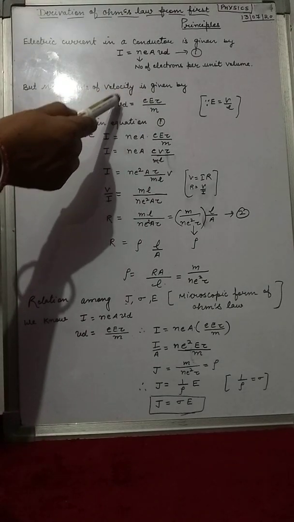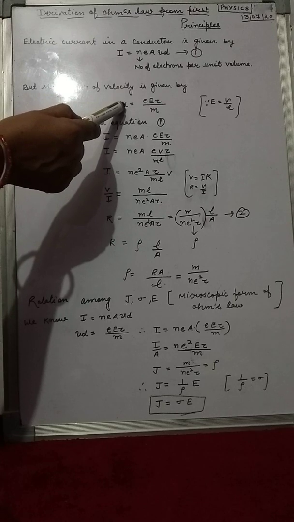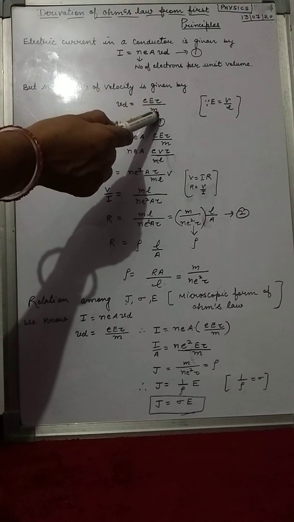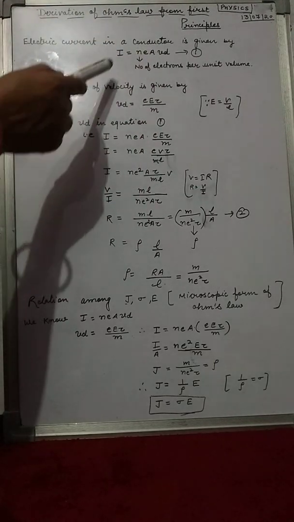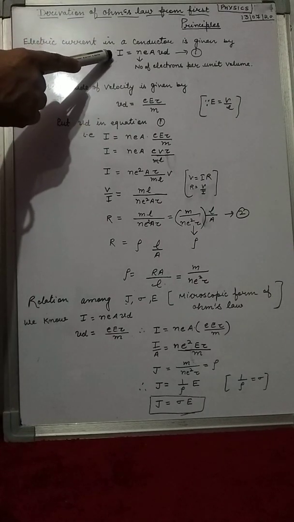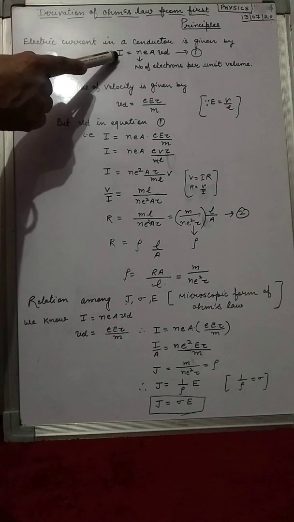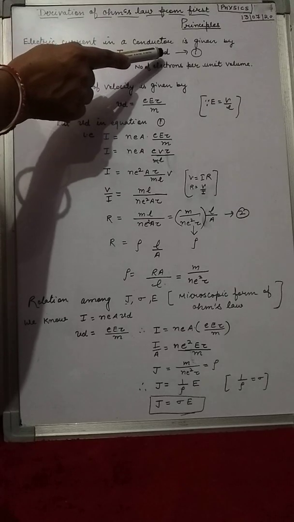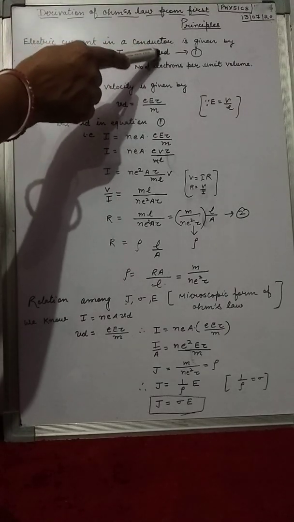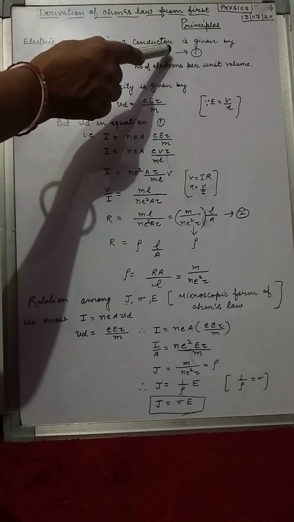Now we will put the value of vd, that is eEτ/m, in equation 1. Equation 1 is I = nAe vd. So we put the value of vd here.